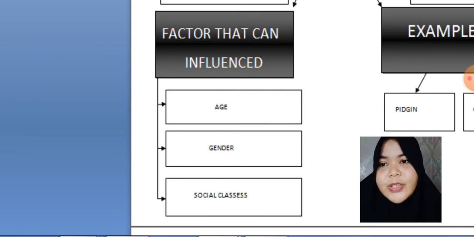Now let's go to social classes. Just like I've taught before, social class will cause you to use a different language, so you produce a new language.